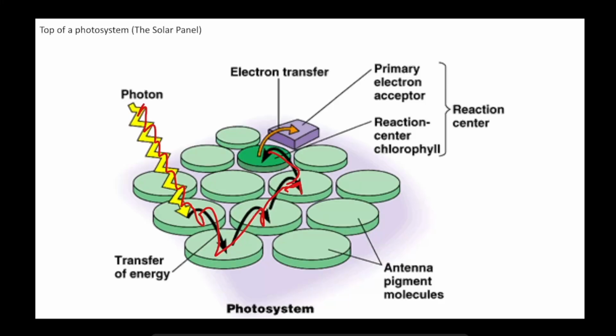But it's going to be carried from protein to protein so that electrical energy can be used to drive the proton gradient so that we can make ATP later. And then eventually the electron will hop off and be used to make an NADPH.